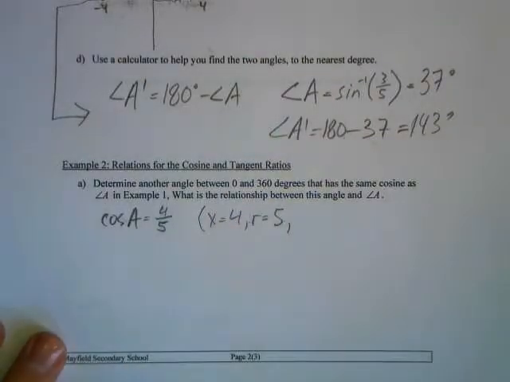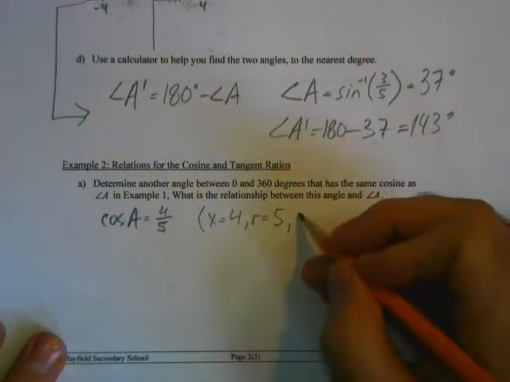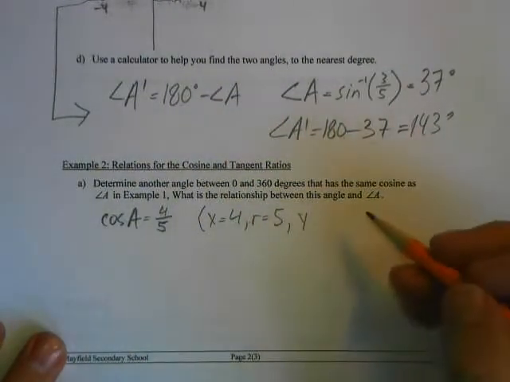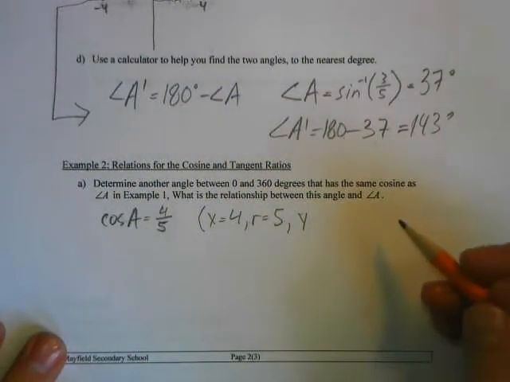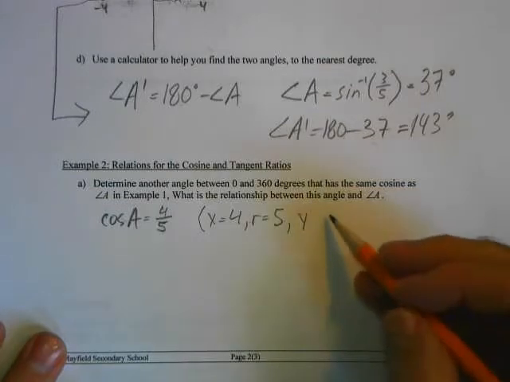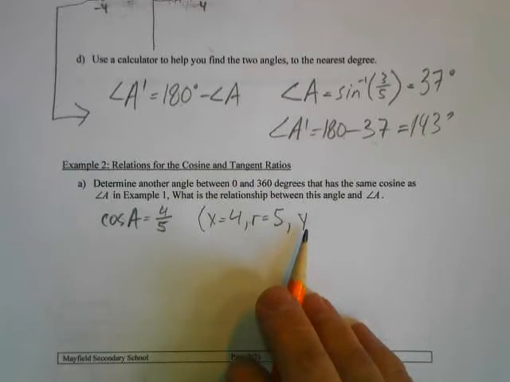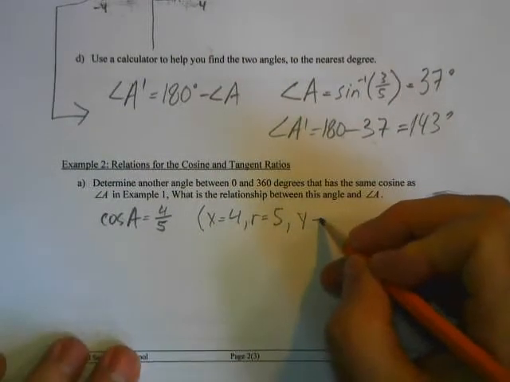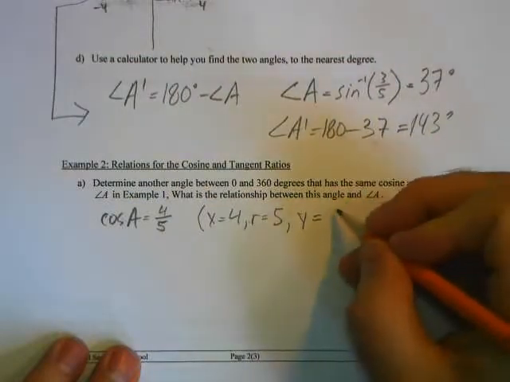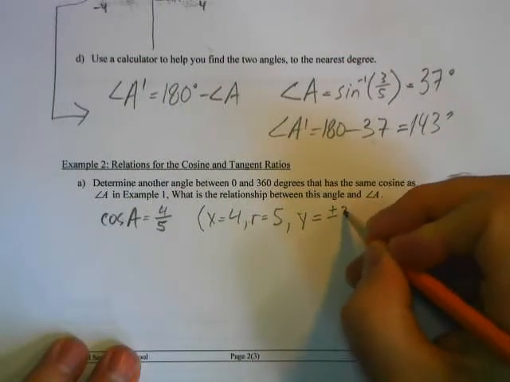However, when I do my calculation for y, through r squared equals x squared plus y squared, we would get that there's two possible values for y this time, plus and minus 3.